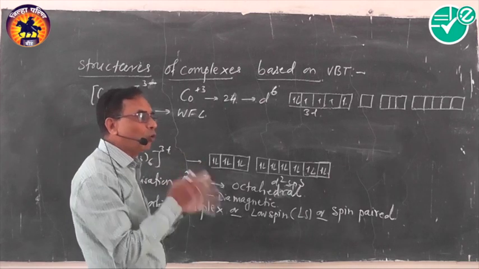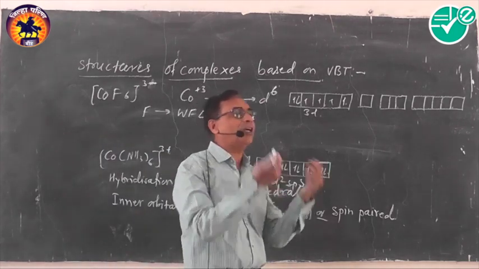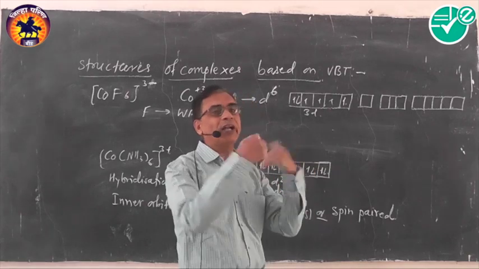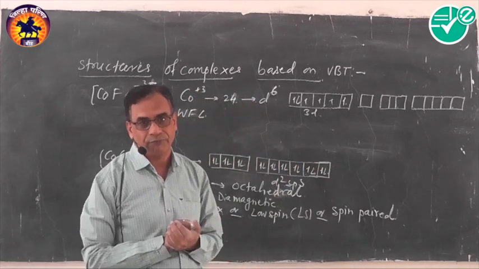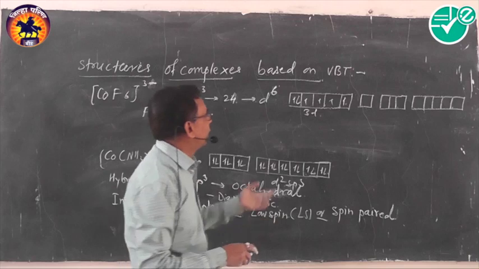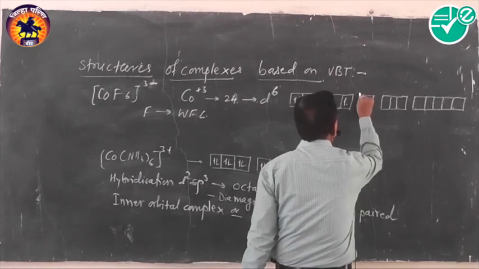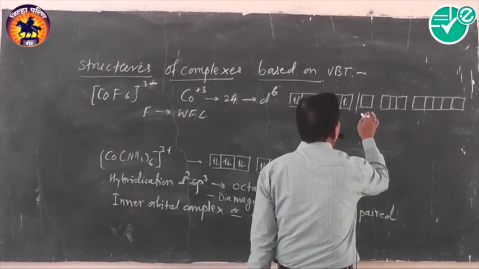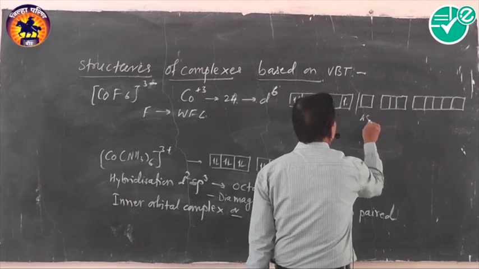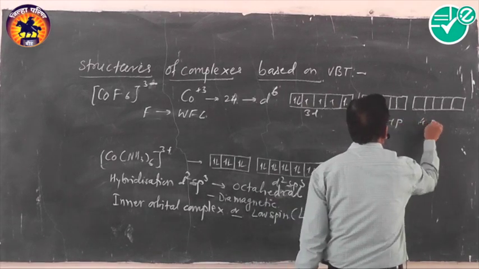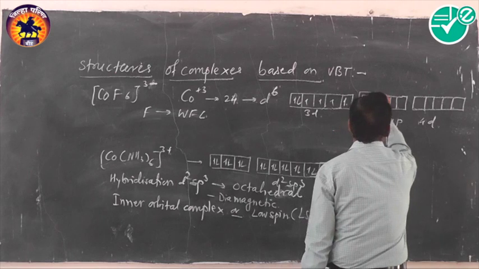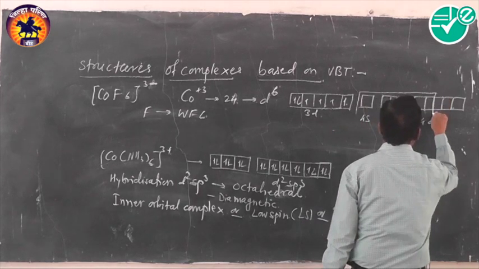Therefore, that Co should make 6 vacant orbitals to accommodate the electrons which are donated by F. Hence, in hybridization, the orbitals involved are 4s, 4p and 4d, like this.